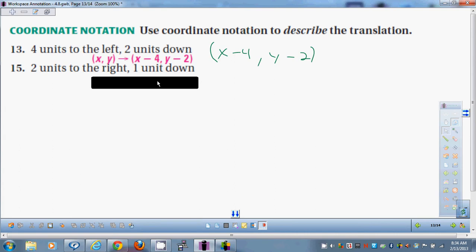Justin, help her out. What's this going to look like? X plus 2, y minus 1. That's what you're going to be asked to do on that portion of your homework. Yes. There you go. The only portion that's even is the part that it says it's even. Everything else is verbatim.